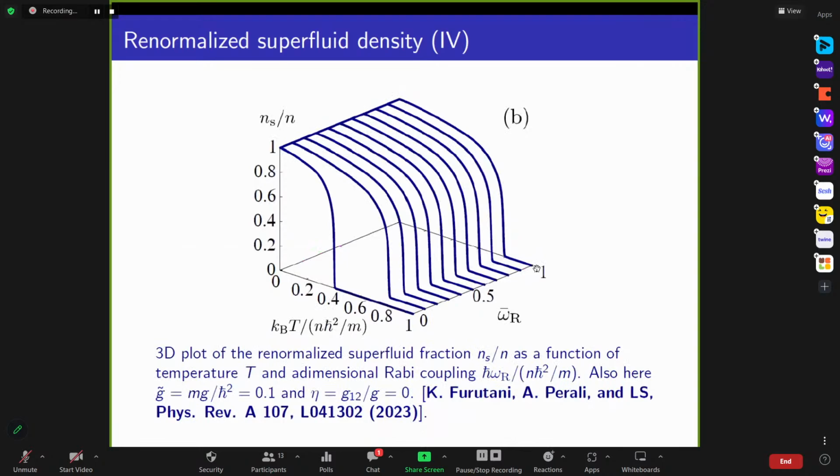Well, you can also do a nicer plot, a three-dimensional plot, in which you can put in one axis the temperature, in the other the Rabi frequency, and in the third axis the superfluid fraction.